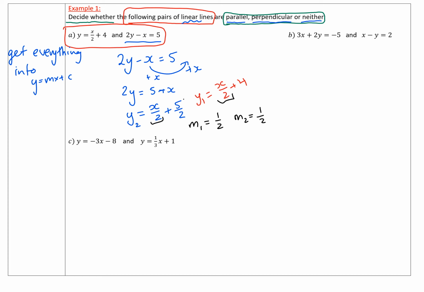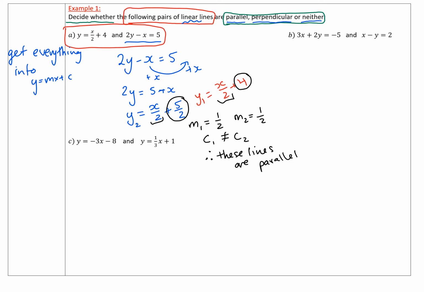We also note that the y-intercept of y2 happens at 5 over 2, or 2.5, and the y-intercept for y1 happens at 4. Since these have the same gradient but different c values, we can conclude that these are parallel lines. So since m1 equals m2 and c1 does not equal c2, therefore these lines are parallel.